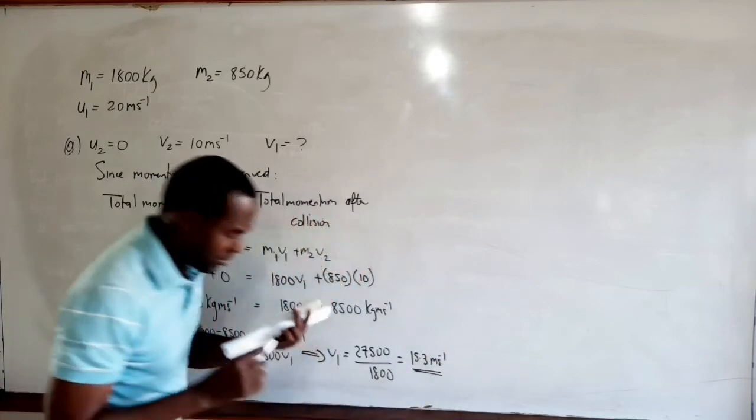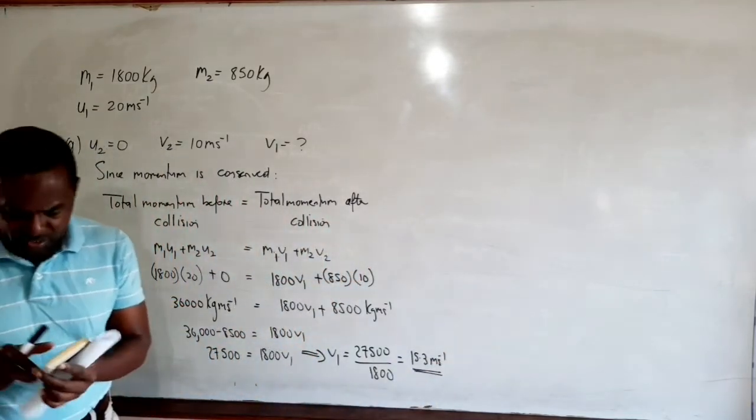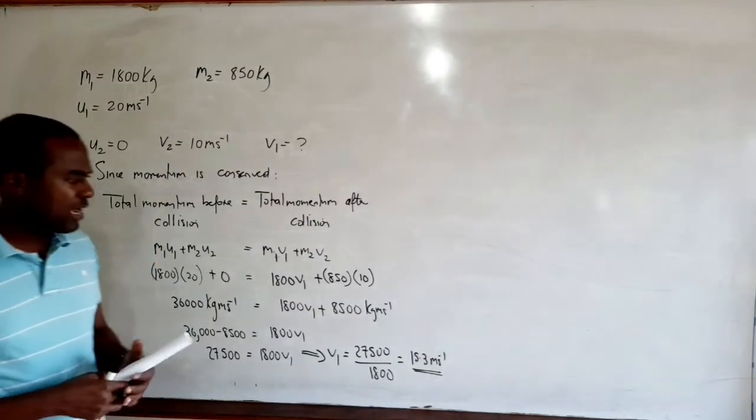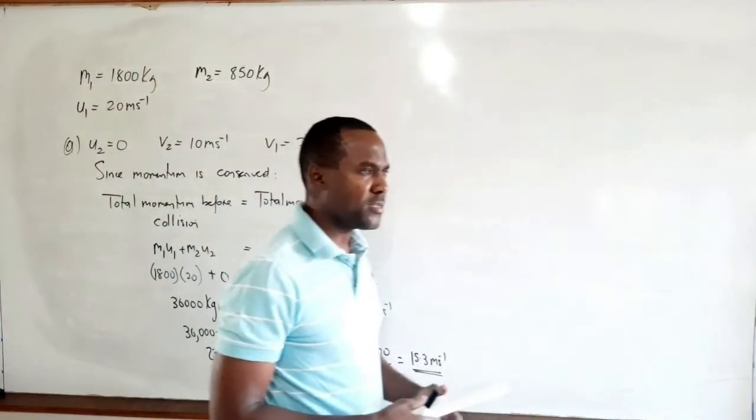Right? So this gives us that the velocity of the Range Rover after the impact is 15.3 meters per second.